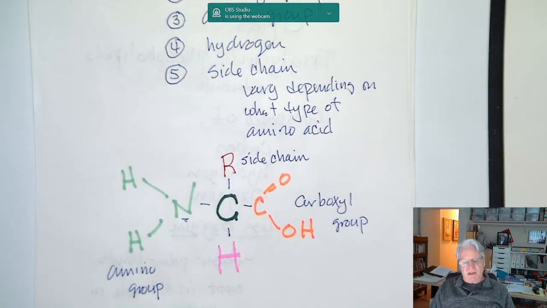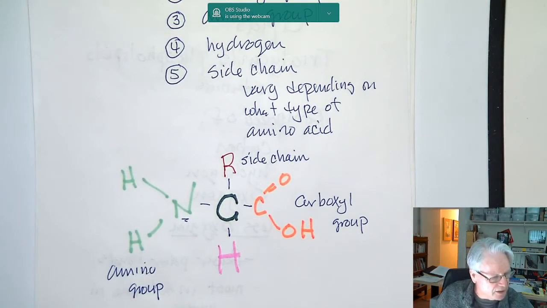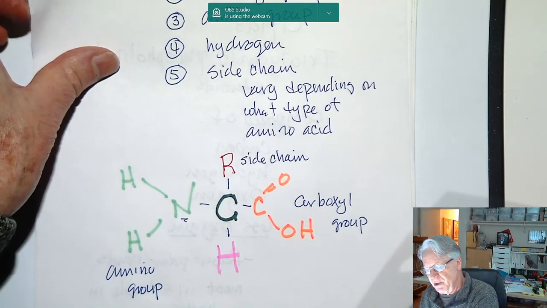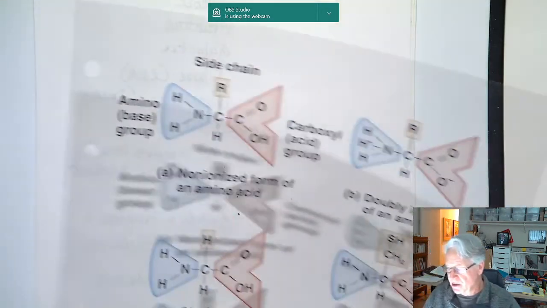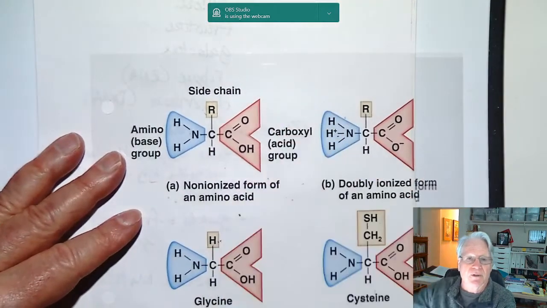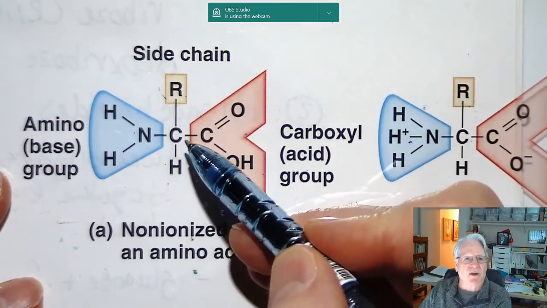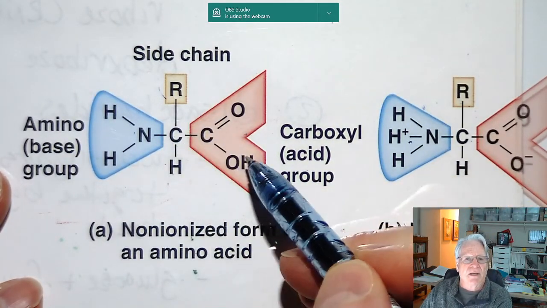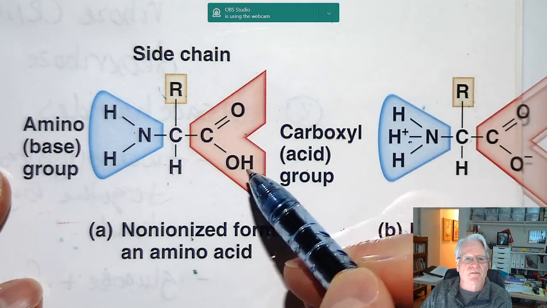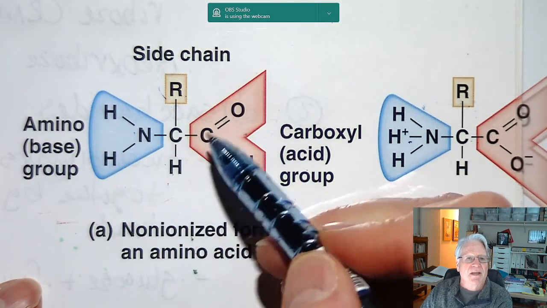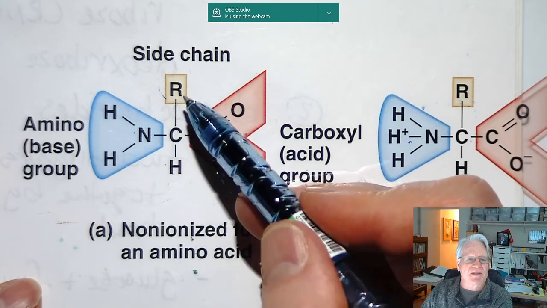So that's the basic makeup of an amino acid. Let me show you a better drawing than I just produced, to reinforce what we've done. Here's my central carbon, here's my carboxyl group, here's my amino group, there's the hydrogen, and there's my side chain.